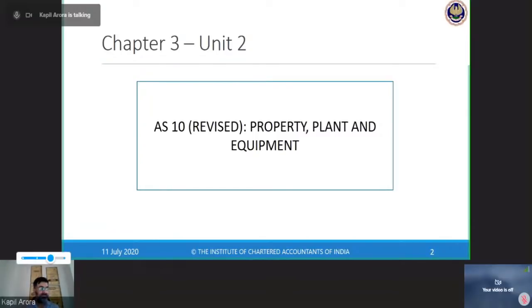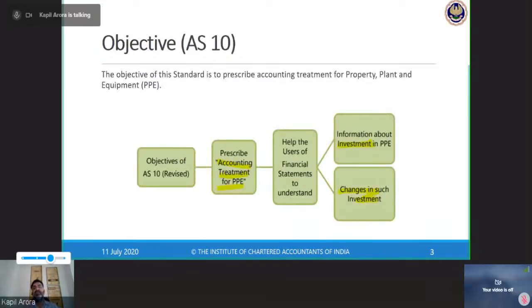To start with, let's recap what we have covered. We have covered the objective of AS10. We have discussed that it talks about property, plant and equipment.